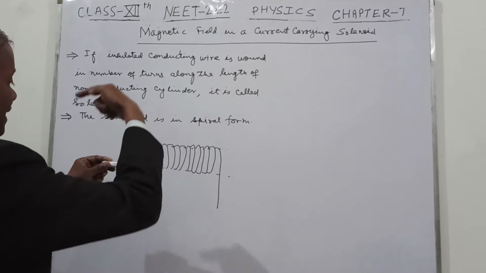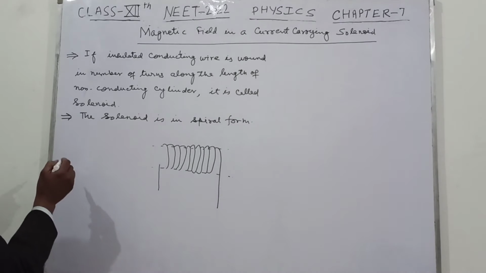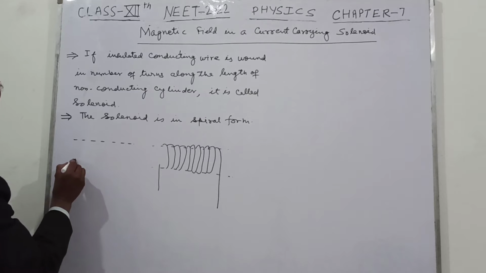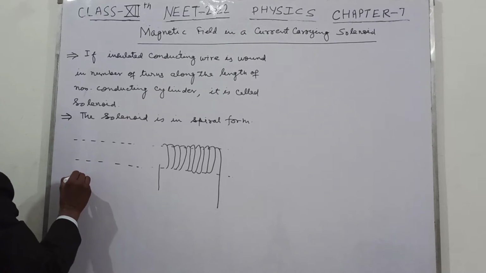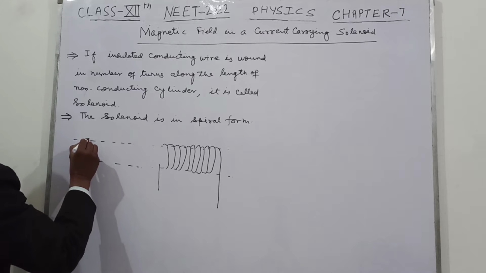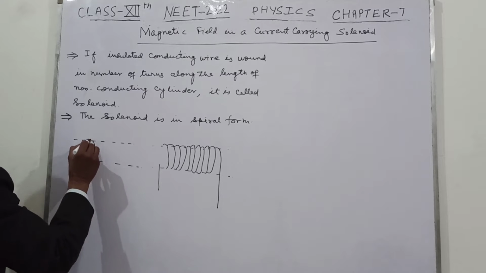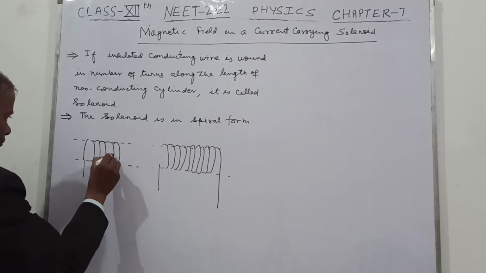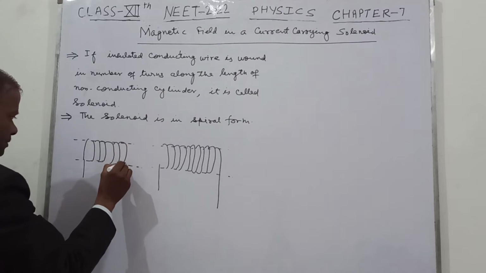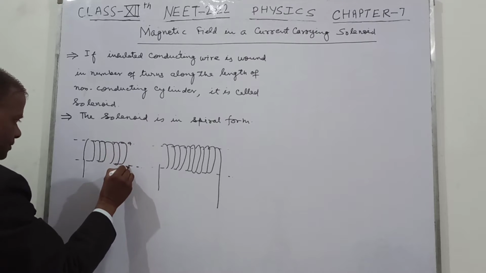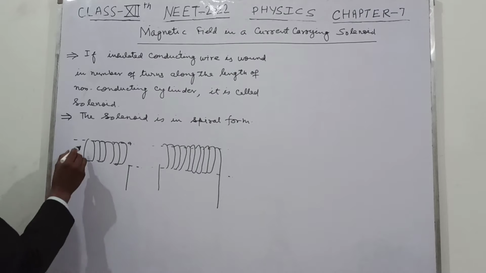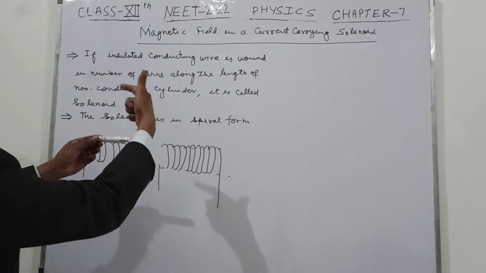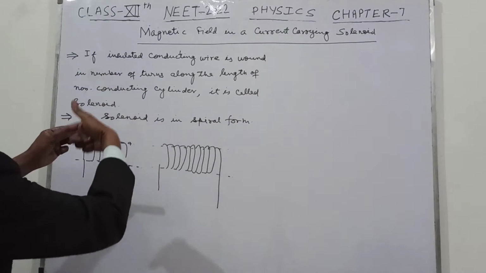And if I bind it like this, then I can have another form. Then this is from outside, this is from inside, and this is from outside like this.